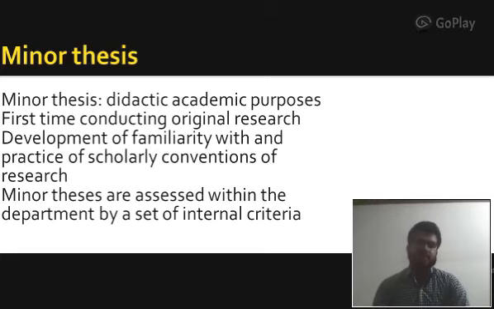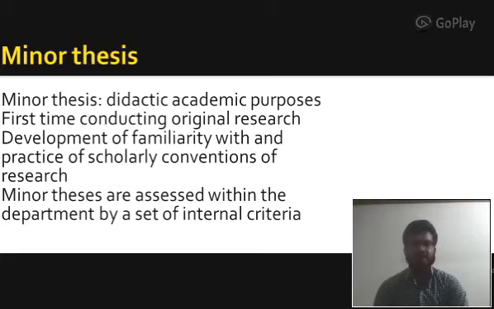The next thing that I just want to briefly discuss is two types of thesis: minor thesis and major thesis. Now minor thesis, I have already explained what we mean by thesis.